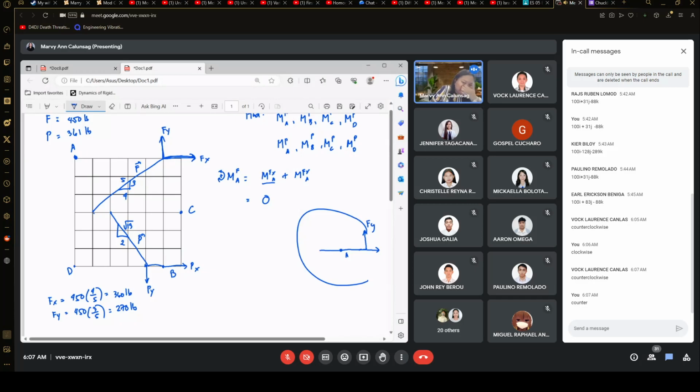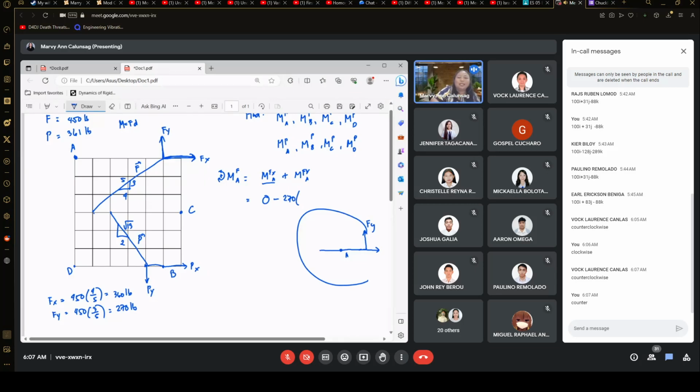So, counterclockwise, therefore negative. This is the moment of Fy about A. Recall that the definition of moment in a scalar sense is F times d. So that is the magnitude of Fy, 270, and what is its distance, class?